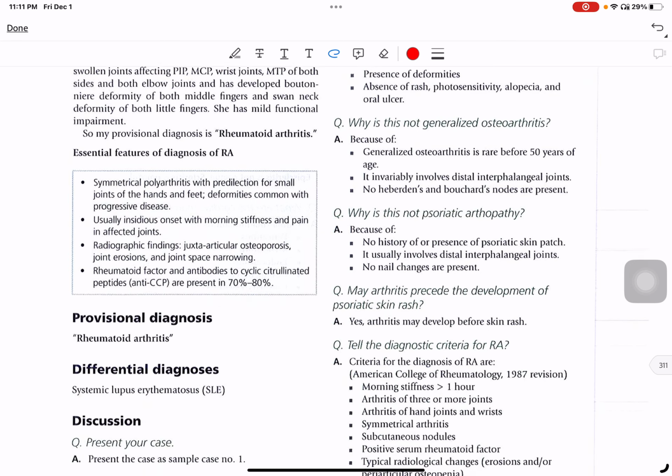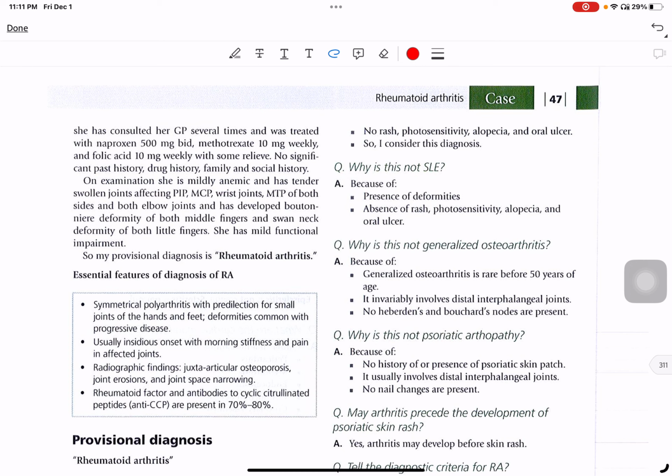And then we stand for the diagnosis of rheumatoid arthritis. Then there will be a question: why is it not SLE? We have to answer that the patient has deformities. Usually in SLE there will be non-deforming arthritis, and there should be presence of rash, photosensitivity, alopecia, or oral ulcer. These are absent, so it is not SLE.